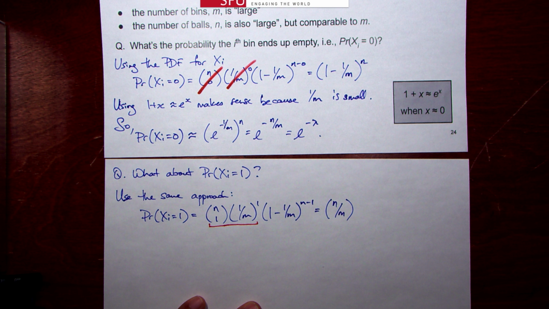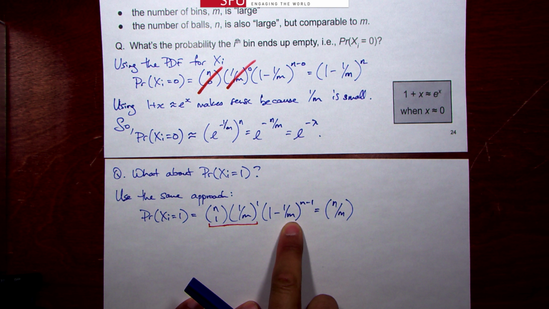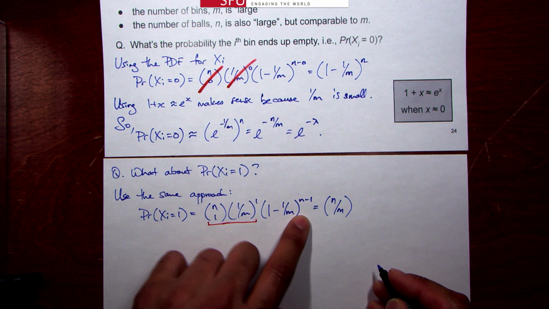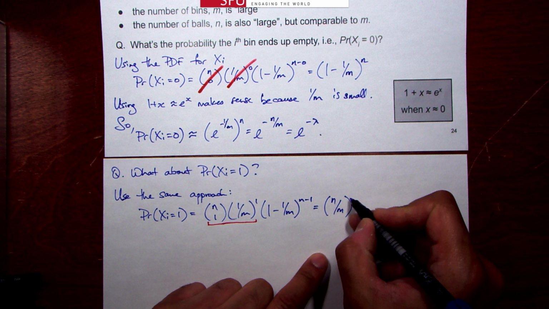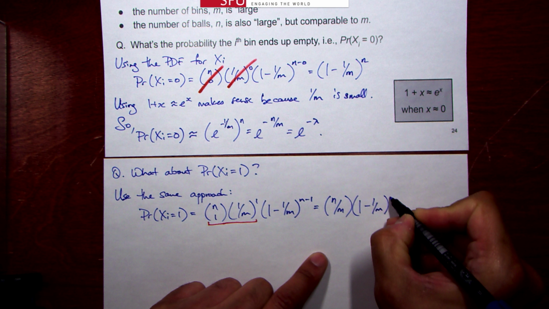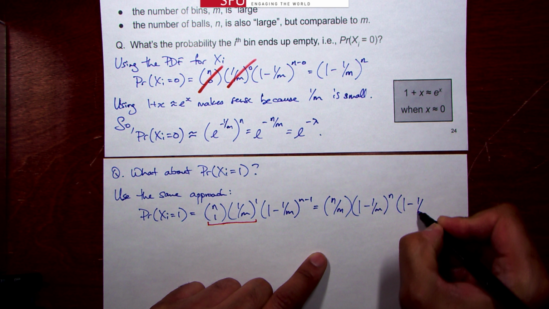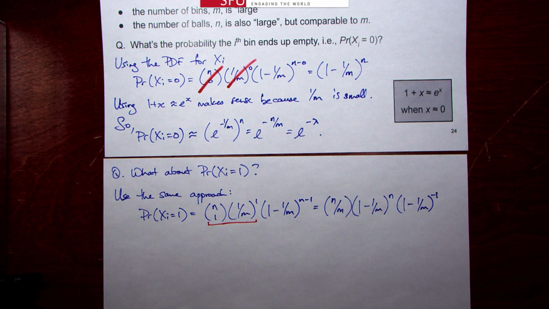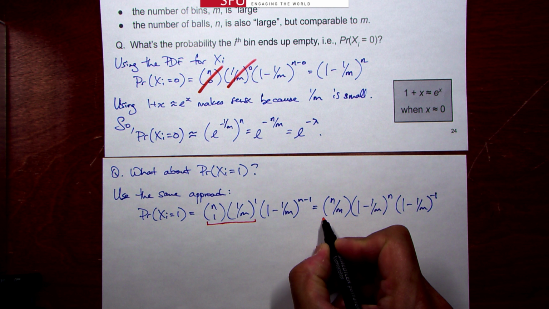And this bit here, we're going to do a similar trick. This is going to be e to the minus lambda again, but we have a minus 1 in there. There's an extra thing in the denominator, so we're just going to cleave that off and separate those two powers. This bit here is lambda.